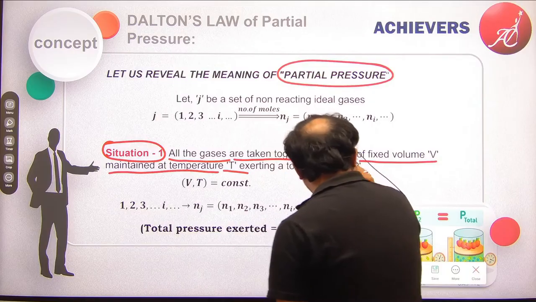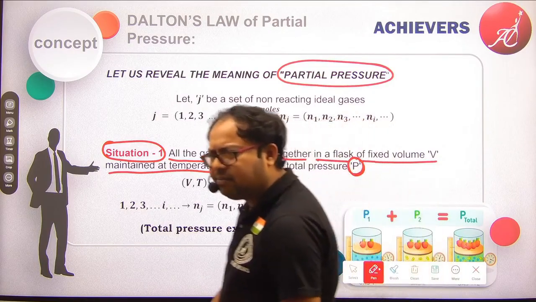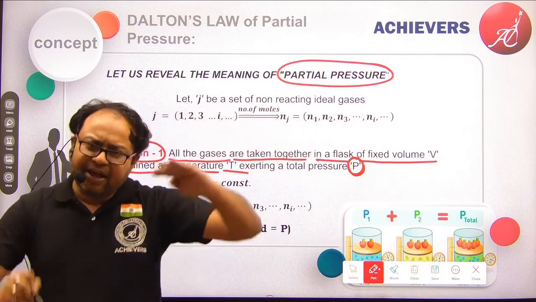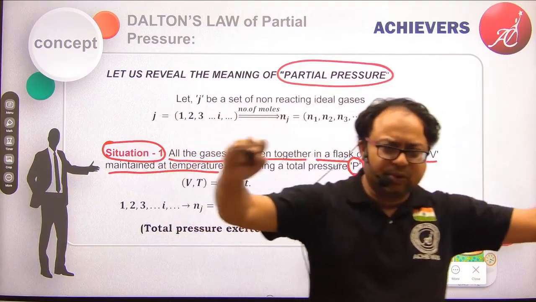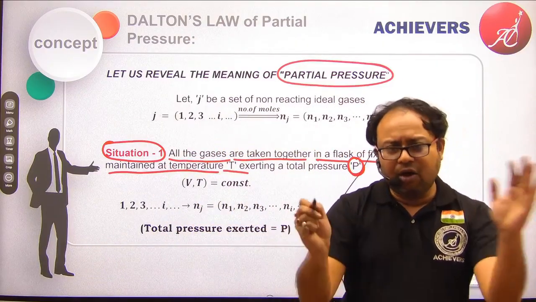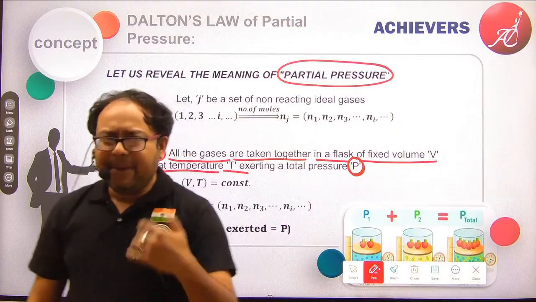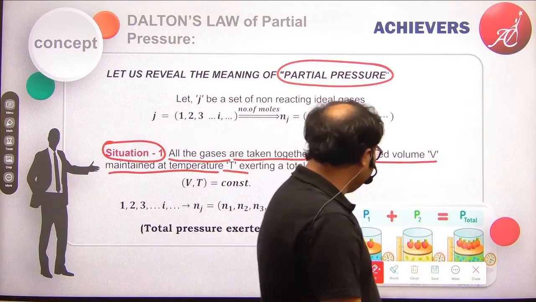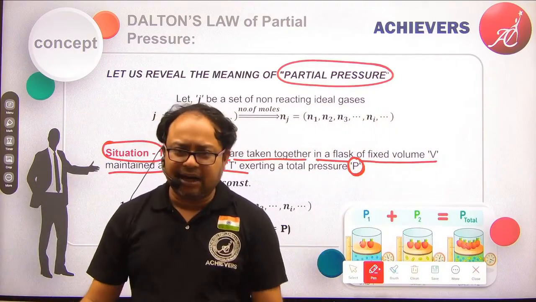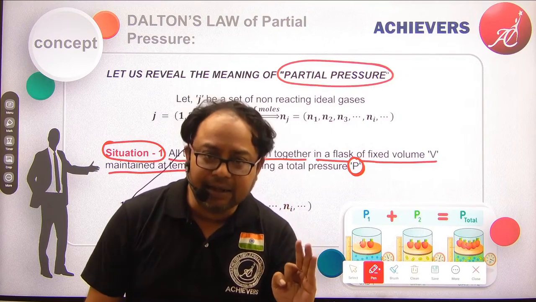Then it will exert the total pressure of P. That's saying that if you keep all the gases together in a flask of constant volume V, maintained at constant temperature T, then the total pressure is going to be capital P.